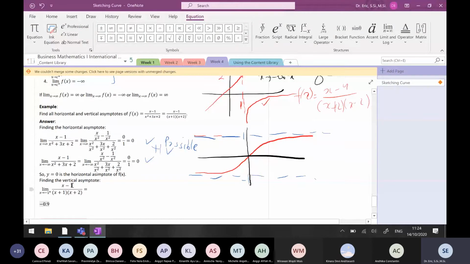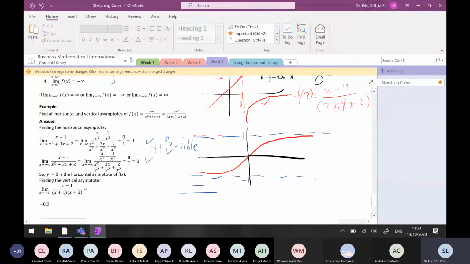It doesn't matter that it is 1.9, but I know that the upper part is minus. What about the lower part? Minus 0.9 plus 1, it will give you plus here. Minus 0.9 plus 2, it will give you plus. Minus divided by plus times plus is plus, minus by plus is minus.